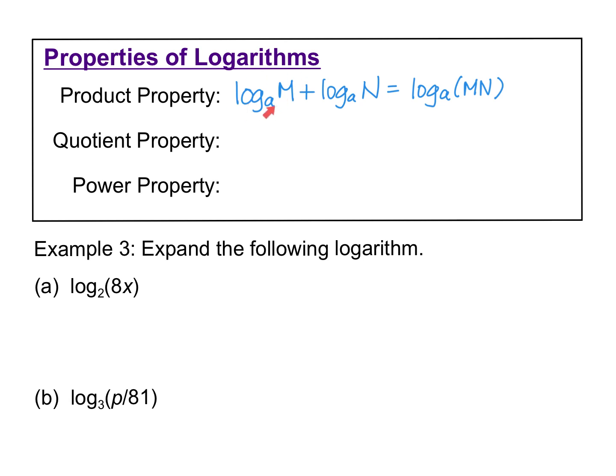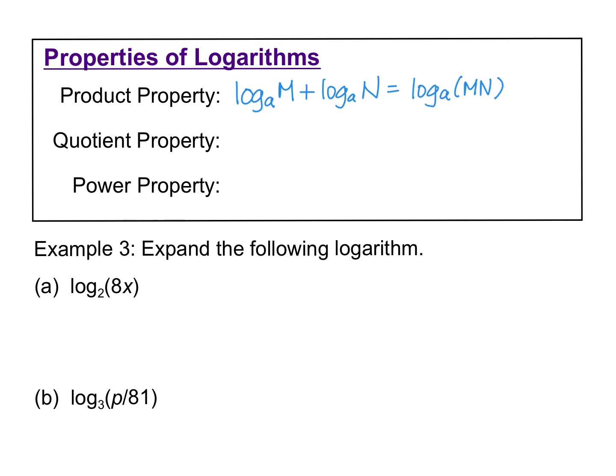So when you have 2 logarithms with the same base added to each other, it equals 1 single log with that base of the arguments multiplied by each other. So m is the argument here, n is the argument here. So this argument is m times n. You saw this before spring break, but we will also prove it later this week.